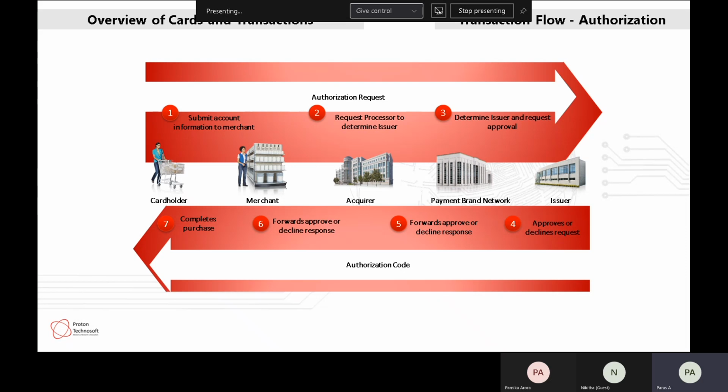The third fraud control is about my behavior or my pattern of using a card. Let's say every month I don't spend over 50,000 on that card. But at a particular time, I'm spending 2 lakh rupees, which is atypical of my pattern.